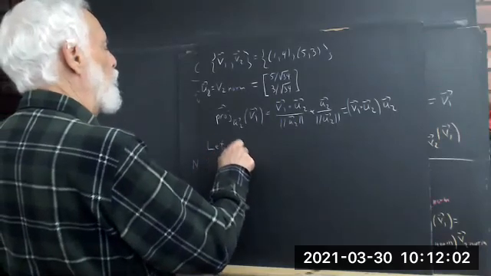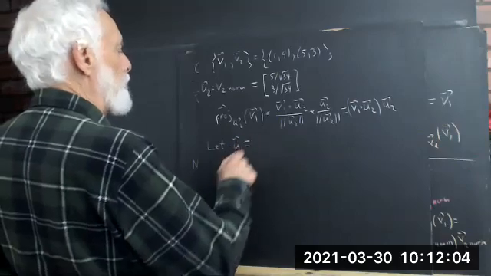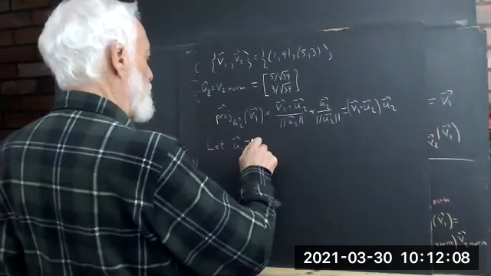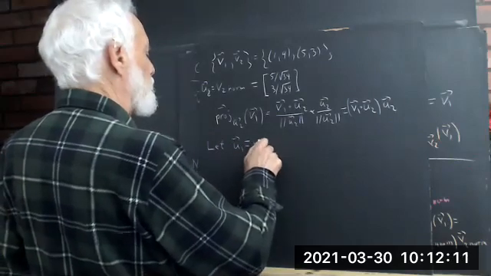Now we're going to let U1 be what we would have formerly called V1 perpendicular.